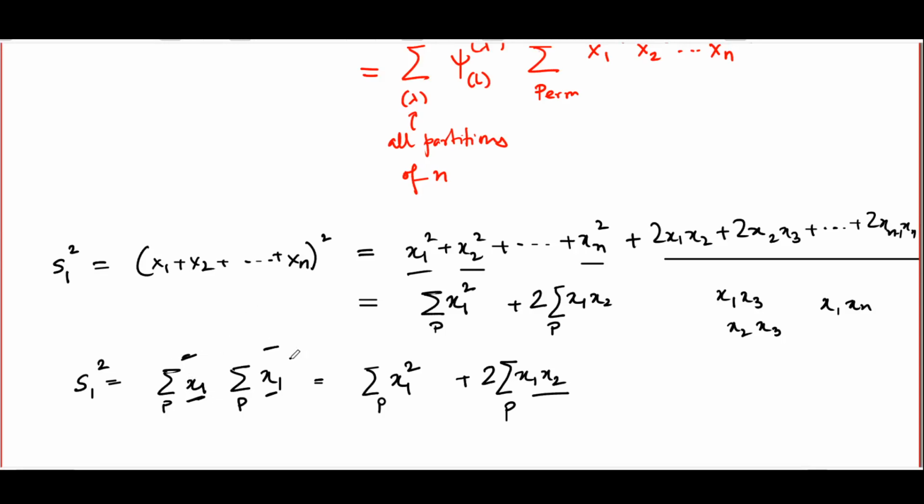One with x1 from here, x2 from here, the other with x2 from here, x1 from here. Well, any other permutation also works the same way. Say one of these permuted terms will be x5, x6 if you are using that many variables. Then that will come by taking x5 from here and x6 from here, or by taking x6 from here, x5 from here. Two distinct ways of doing this, so you will get twice x5, x6. Of course, I am not writing twice x5, x6 separately because that's taken care of by this permutation symbol. So this is what S1 square really turns out to be.